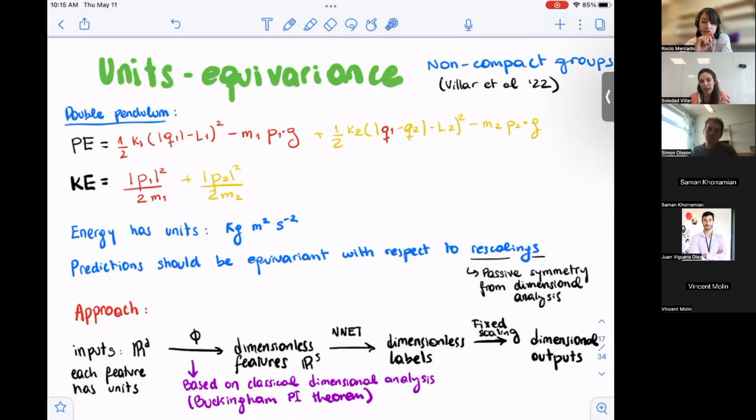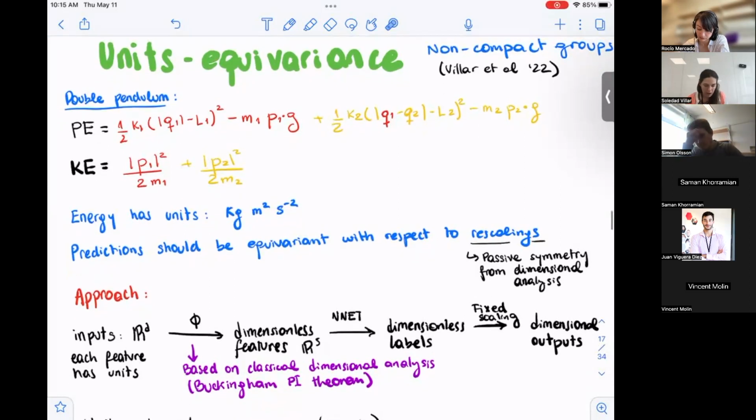And you can write it as a group action, and you can use classical ideas from dimensional analysis to implement a machine learning model that respects these symmetries as well. So the idea is using the Buckingham Pi theorem, which tells you that if you have your input features, which have units, then you can find a map that takes them into dimensionless features.